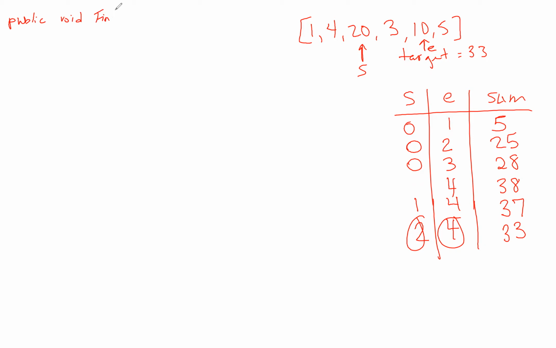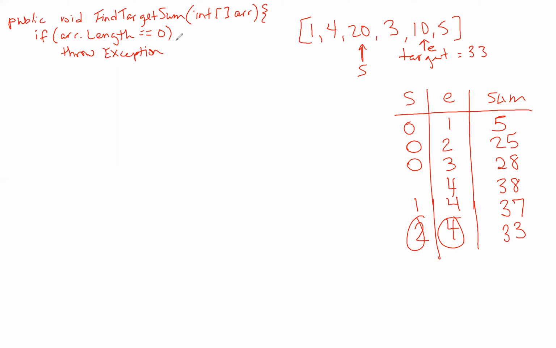Find the target, and it's going to take in an array of integers. Okay, so first we want to do some basic checks. We need to make sure that our array is not null, or its length is equal to 0, then we're going to throw an exception with, array can't be null or something.